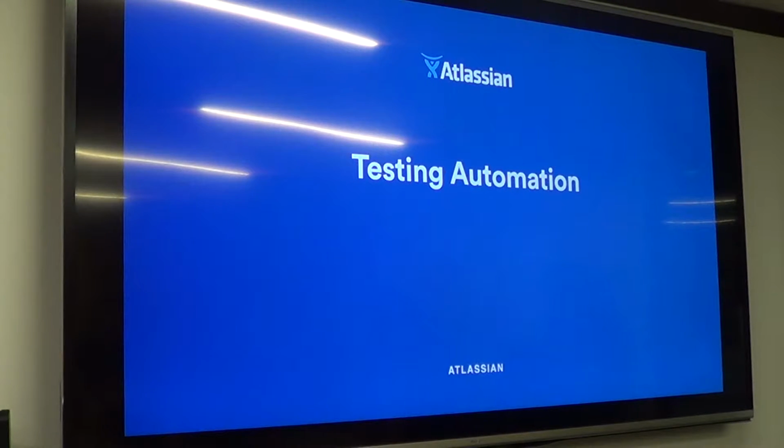That will be a more general introduction of where Webdriver tests fit in the bigger picture, and then we're gonna go into details about Webdriver tests.